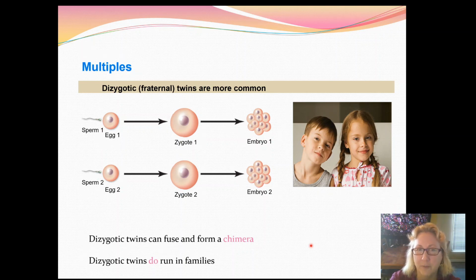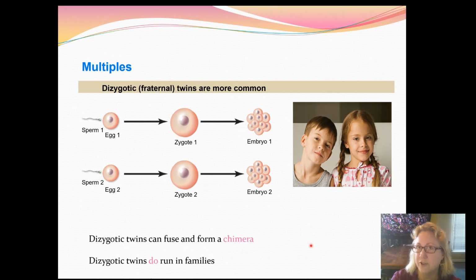Now you can have fraternal siblings who are more than 2. That's less common as well, just like for identicals, but it's more common than the identical triplets, identical quadruplets, which are extremely rare.